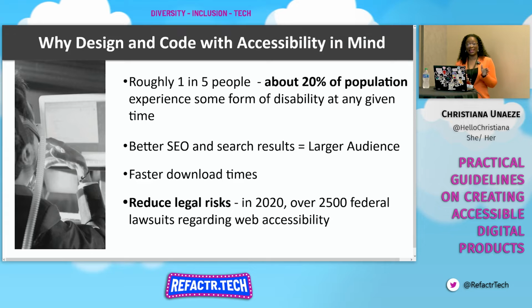Now, if you don't think that's real, imagine Harvard University, one of the top universities in the country, recently got sued by students because their online courses were not accessible, and they lost.